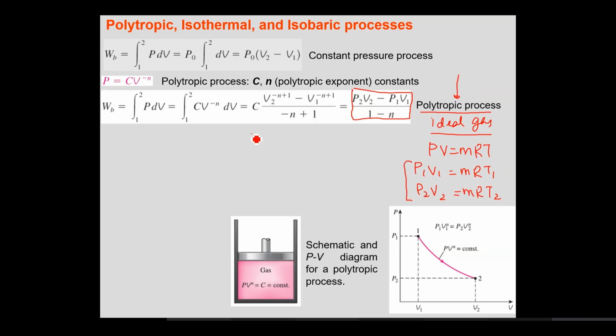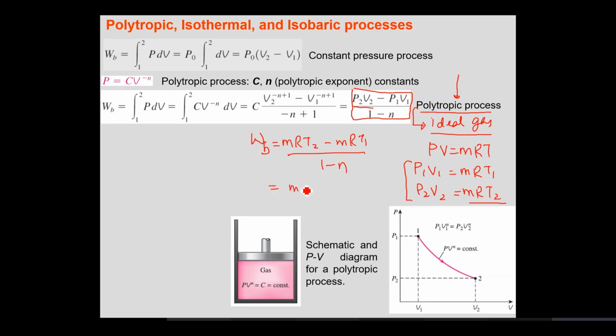So I can also express the boundary work as, instead of writing P2 V2, I can write MRT2. So I can write (MRT2 minus MRT1) over (1 minus n) is the boundary work for a polytropic process where the fluid is behaving as an ideal gas.